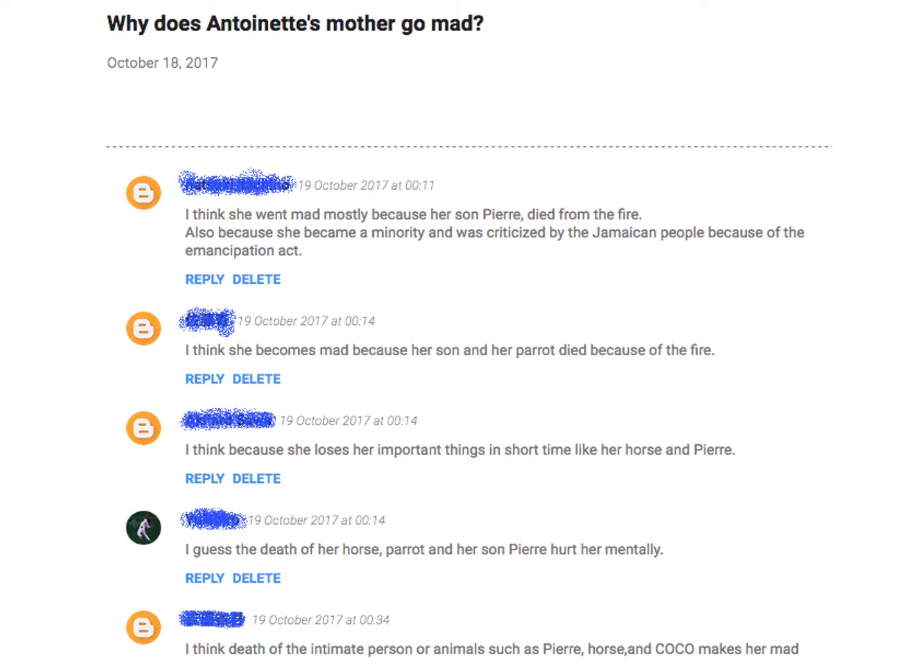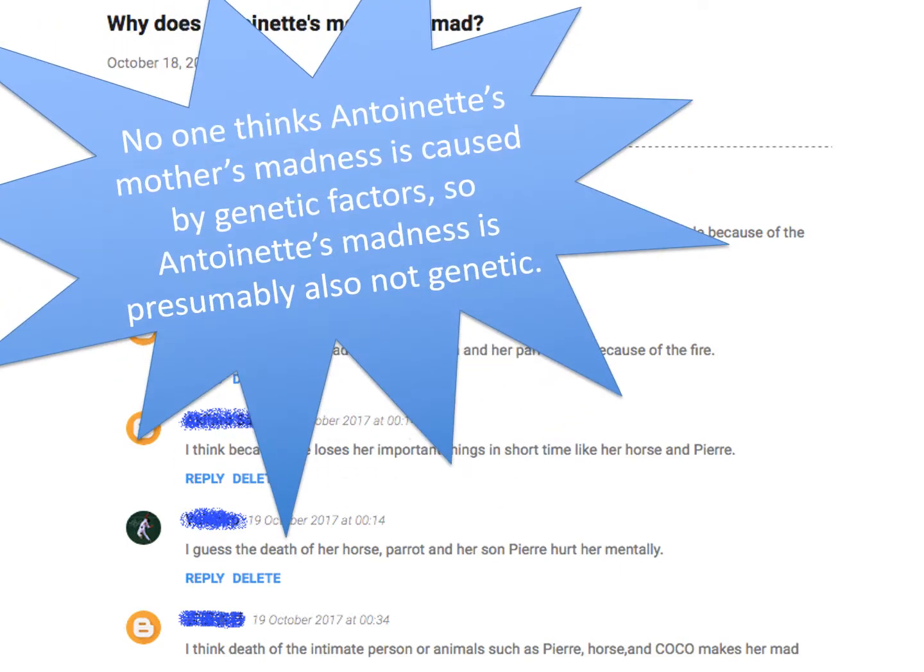So the basic point is that nobody is actually thinking that it's hereditary. They're not saying that it's a genetic madness. So presumably, we can infer that Jean Rhys is opening up the idea that it's not a genetic madness, but it's not as clear-cut as saying that it definitely isn't.